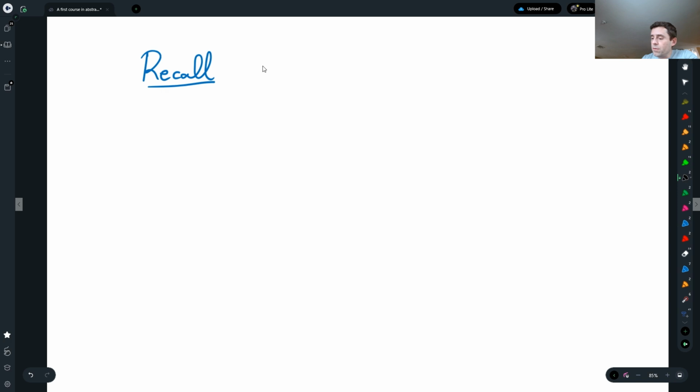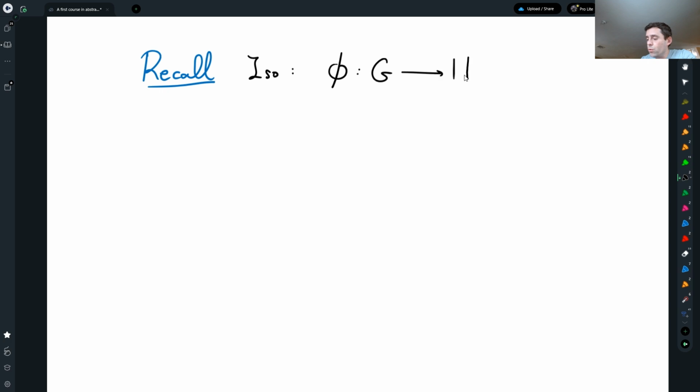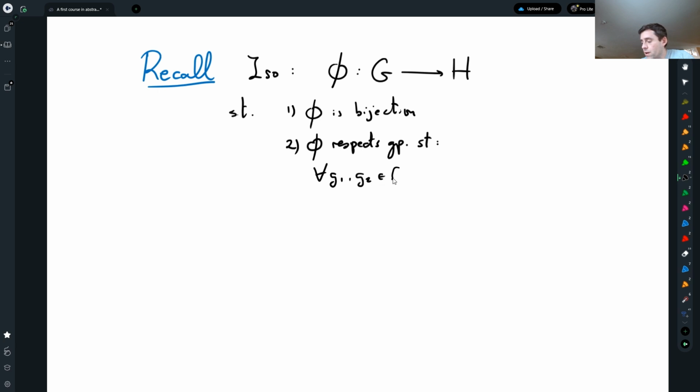An isomorphism is a map phi from a group G to another group H such that one, phi is a bijection, and two, phi respects group structure, which means that for every g1 and g2 in G, we have that phi of g1 star g2, where star is the multiplication in G, is phi of g1 star phi of g2, where that star is the multiplication in H.